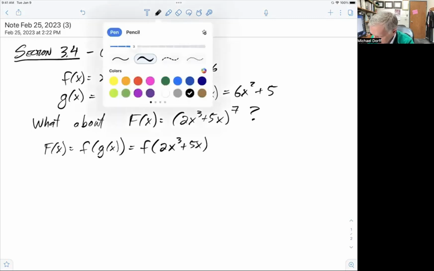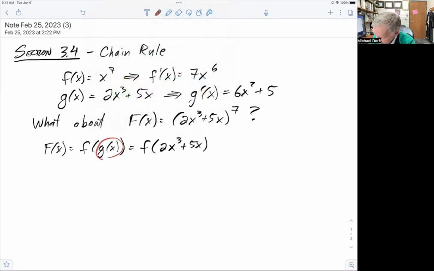All right, so what I'm doing here is replacing the g with the f because we have g of x equals that. And then I take what's inside that parentheses after the f, 2x cubed plus 5x, and I put that in for the x part of f.